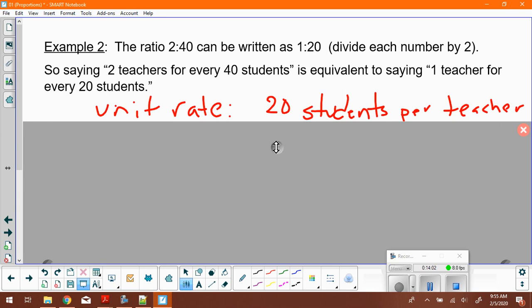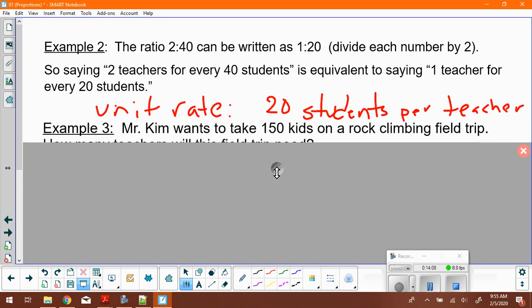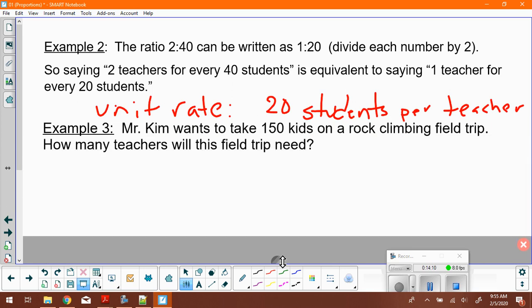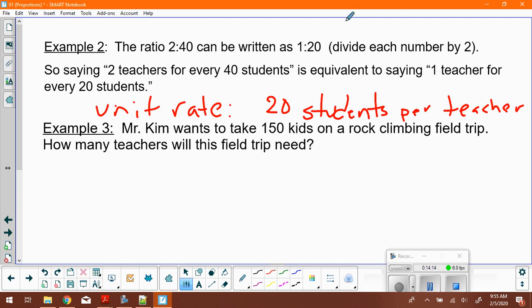Again, please make sure you pause as needed so everyone gets this down in their notes. So here's our final part of the note. Mr. Kim wants to take 150 kids on a rock climbing field trip. How many teachers will this field trip need?